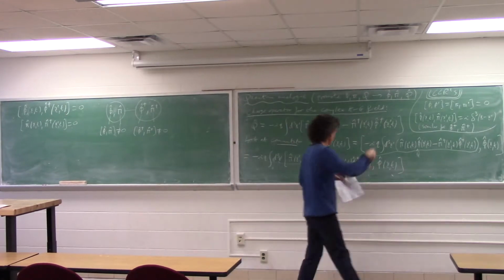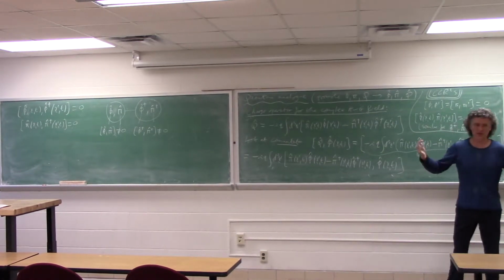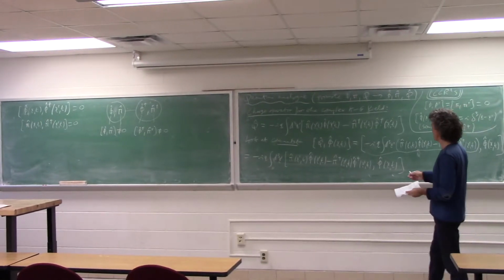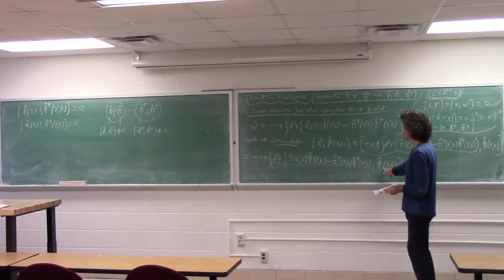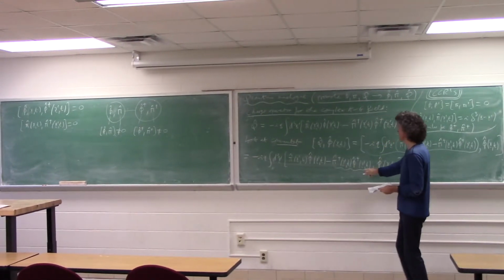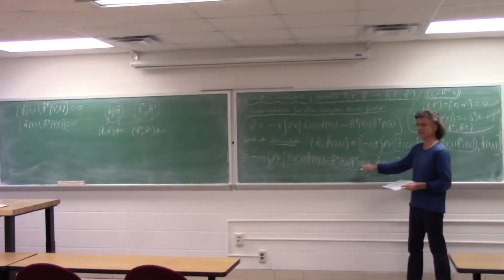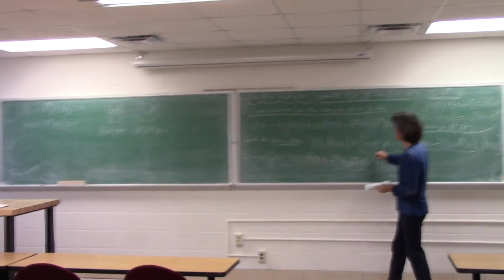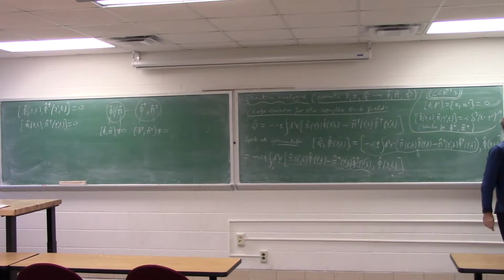So if you've done this before and you're used to this kind of thing, it's just obvious, you write it down. This term phi obviously commutes with all of this. Here we've got just pi daggers and phi daggers, so this gives 0 contribution to the commutator.